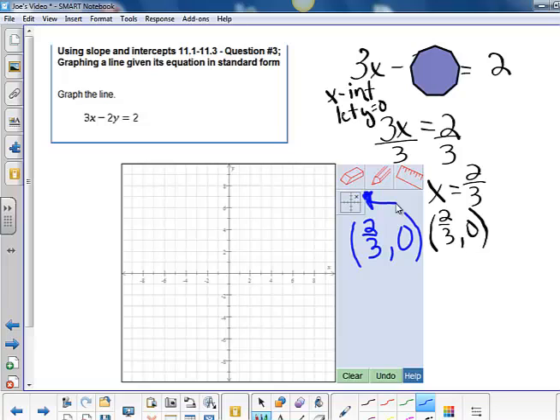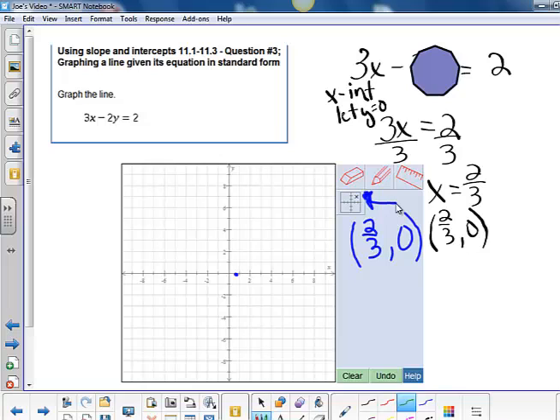The x-intercept is about 2/3 and 0, so I'm just going to guesstimate that it's about right here. But use the graphing tool. Don't guesstimate.